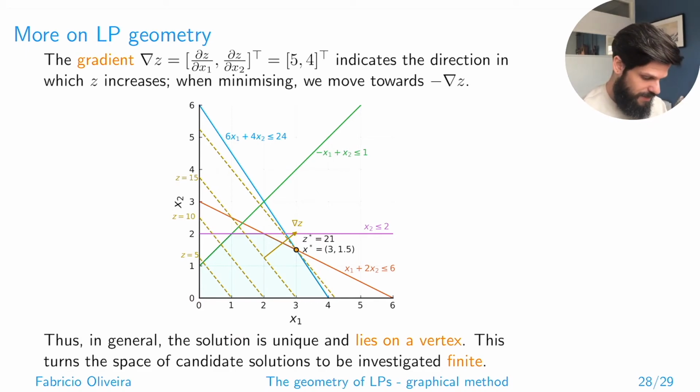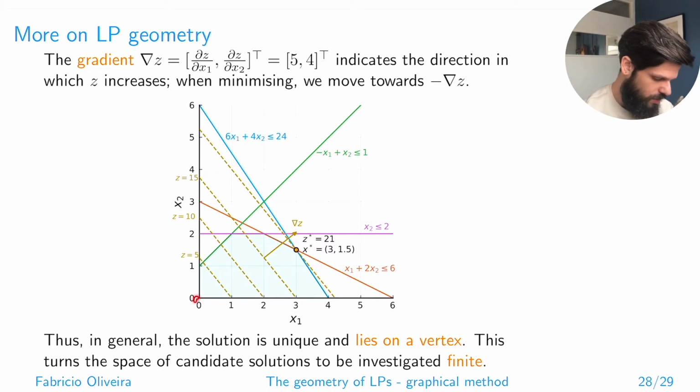But in either case, you can see that the solution is unique, or in general at least, the solution will be unique and lie on a vertex. And that means that instead of having to look through a set of infinite possible plans, I actually have a very limited, finite and discrete set of optimal solution candidates.